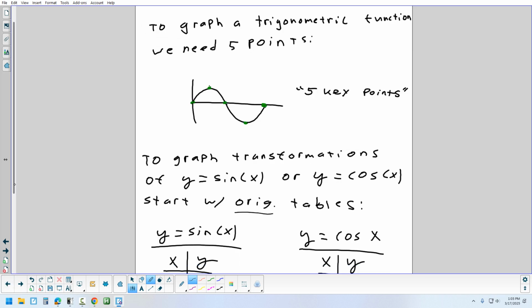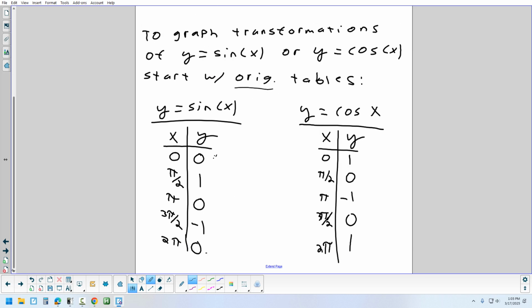All right, so now when we do a transformation, things are going to change in these tables. Like let's say we took a graph that looked like this, and let's say we shifted it up like that. Look at what happened.